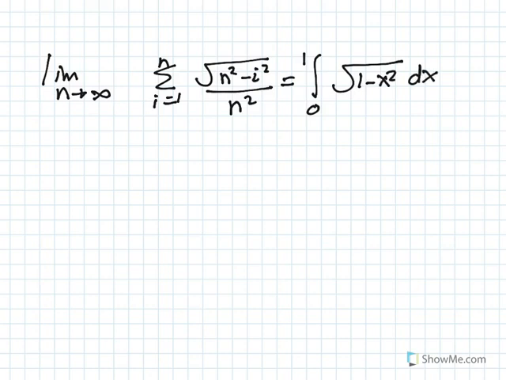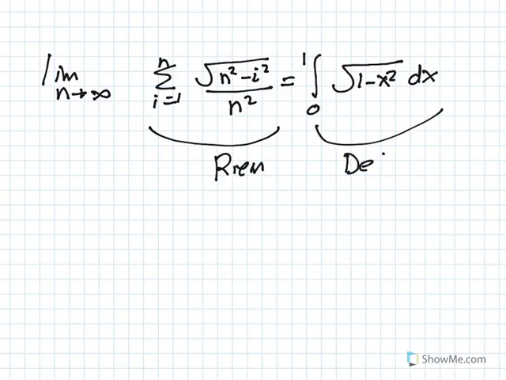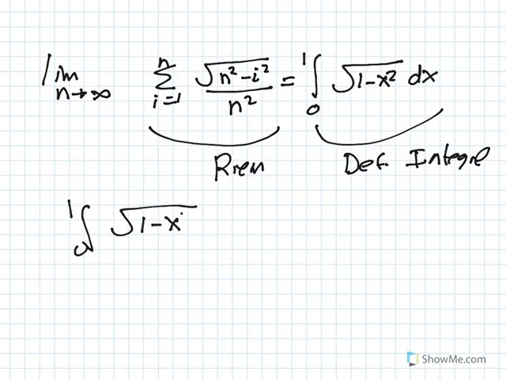That was the first part of the question, where we transformed the Riemann sum into a definite integral. In the second part of the question, we actually evaluated the definite integral. So the integral from 0 to 1 of root of 1 minus x squared dx is equal to one quarter of a circle of radius 1. So that's going to be pi over 4.